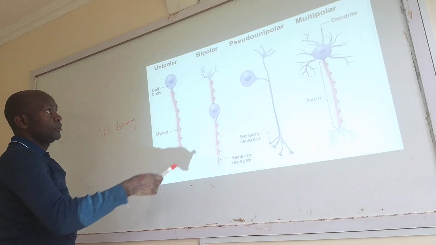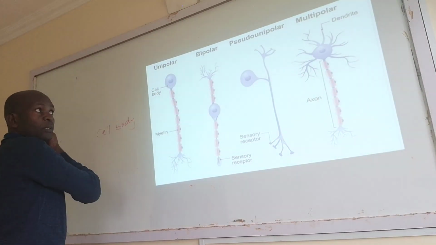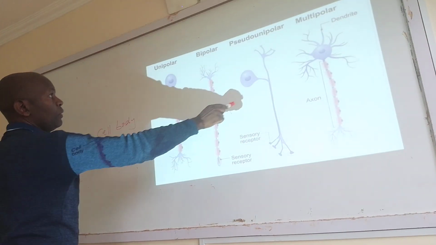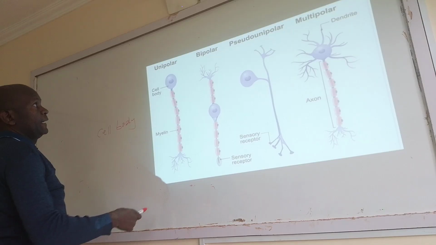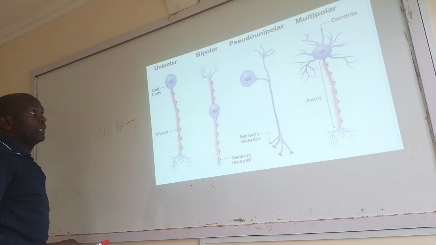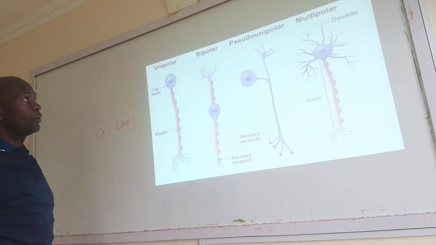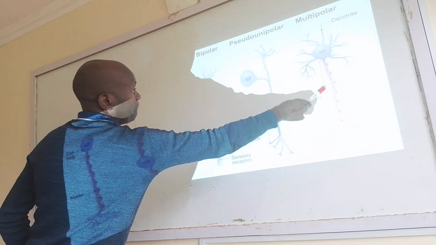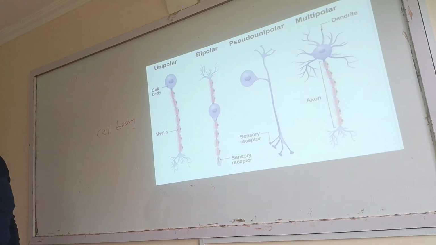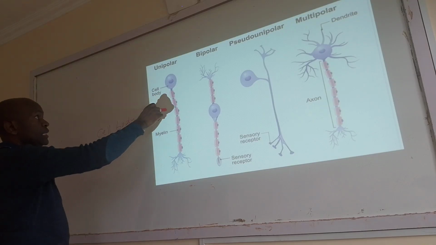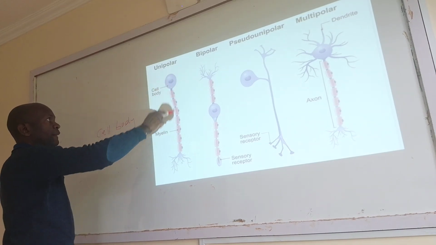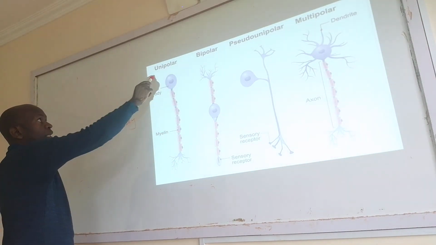Then we have another, pseudo-unipolar. The cell body, from this point, wants to resemble a unipolar. That's why we refer to it as pseudo, meaning it's not purely unipolar. Then we have the multipolar, meaning there are several projections coming from the cell body. So this classification depends on how many projections are leaving the cell body. If it is one projection, that is unipolar.